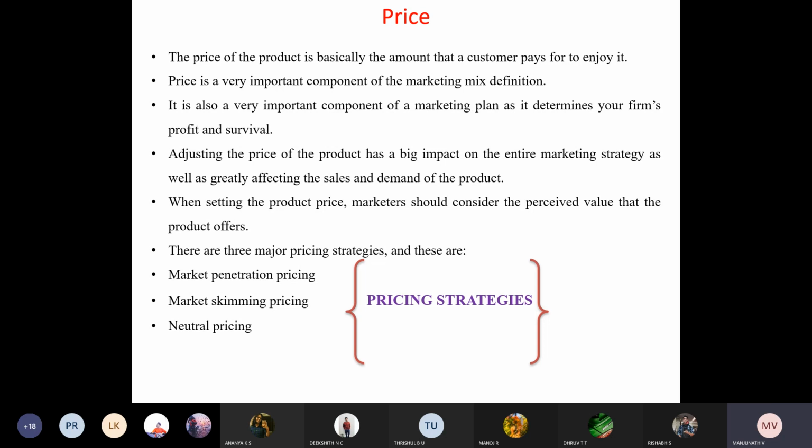Take the title: the history, evolution, and growth of telecommunication services in India. Somebody should present on this.